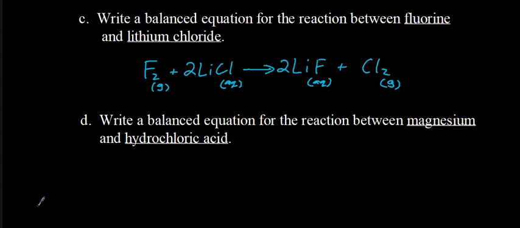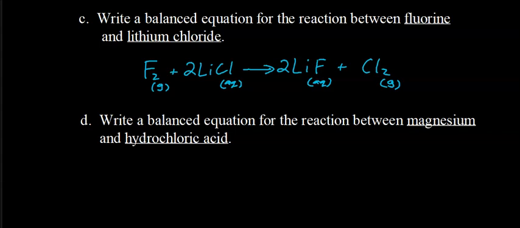Now, did you switch fluorine and lithium? If so, that is not correct. Fluorine is a nonmetal. Better yet, it is a halogen. This is known as a halogen replacement reaction. So fluorine, the halogen, is going to replace which element in that compound?